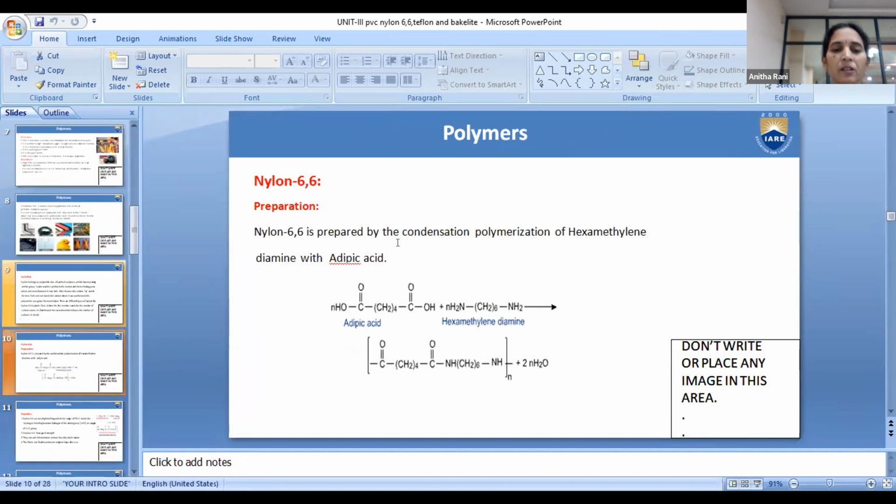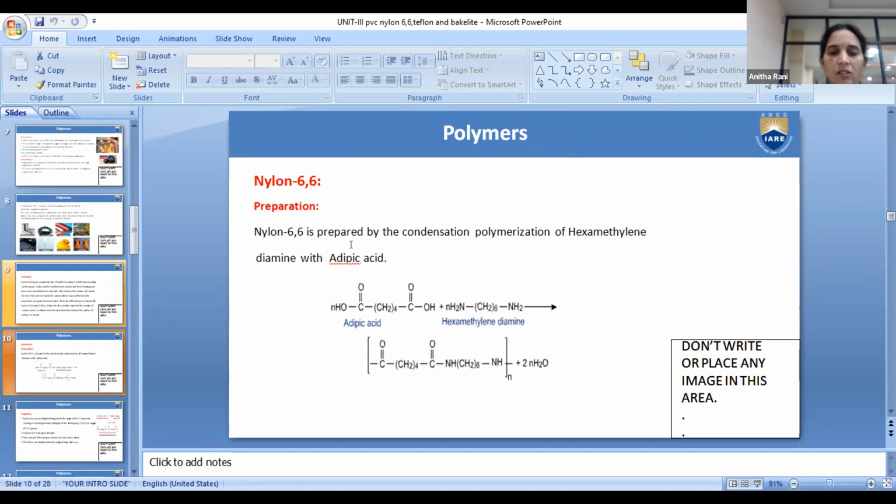So we are going to prepare nylon 6,6. Already we have discussed this example in condensation polymerization. We are taking two different monomers, adipic acid with functional groups COOH, and hexamethylene diamine with NH2 groups. Now we are condensing these two monomers with different functional groups, undergoing the polymerization process. The polymer is obtained in this type of polymerization by elimination of small molecules like water or HCl.